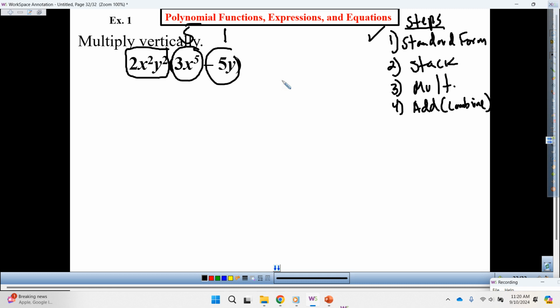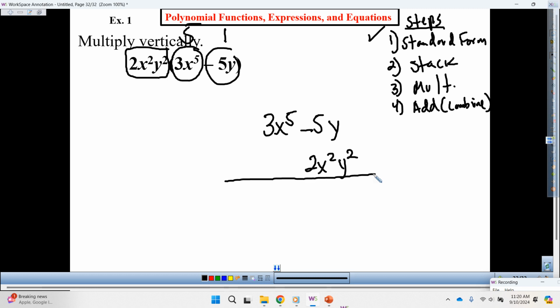Step 2, stack them. I'm going to start with this one. Follow my lead. 3x to the 5th minus 5y. And then the second one goes underneath. 2x squared y squared. And then put a big dot for multiplication.